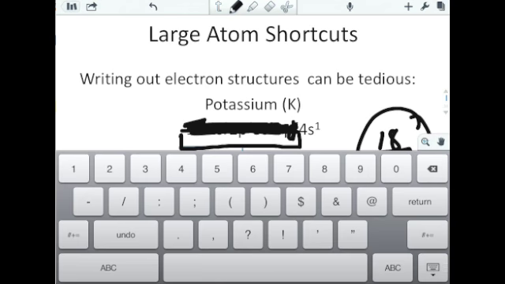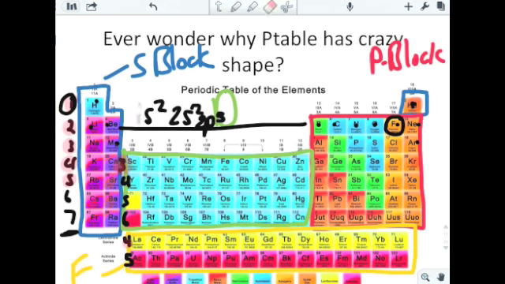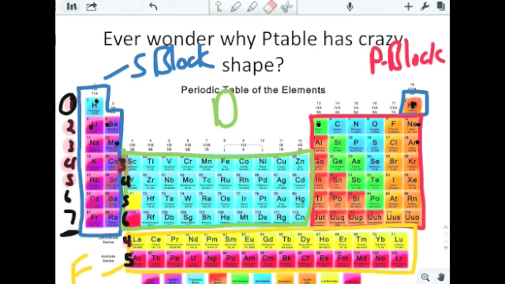When you're referring to your periodic table, whatever I am writing, I can always look at the noble gas that's behind it. Say I was writing something really big, say francium, which has 87 electrons. Instead of writing 1s2, 2s2, 2p6, 3s2, and keeping going all like that, all I have to do is find what noble gas is right behind francium.